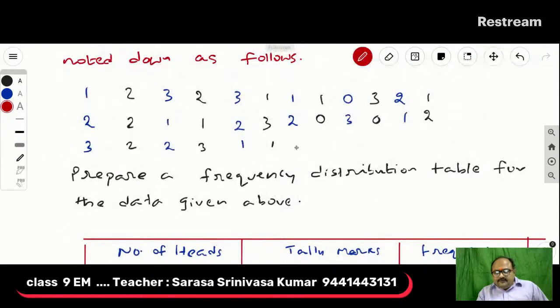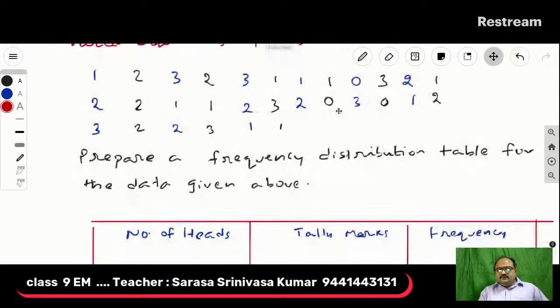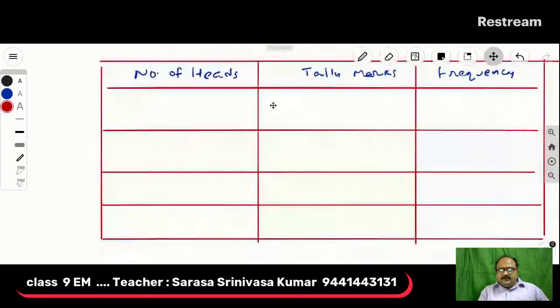So what type of observations are there here? Let us observe 0, 1, 2, 3. So the number of heads must be noted down here: 0, 1, 2, 3.